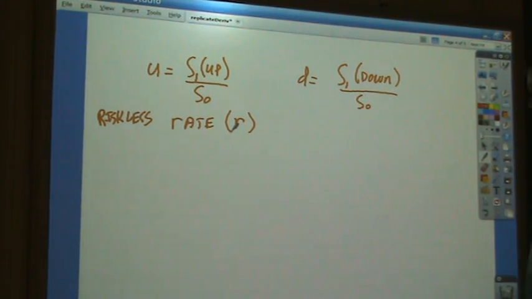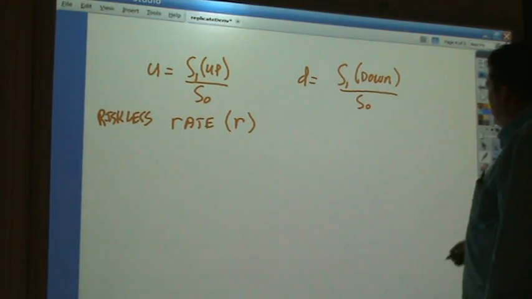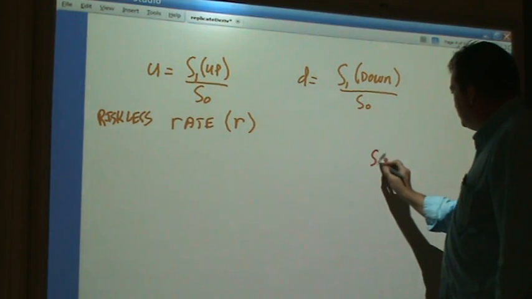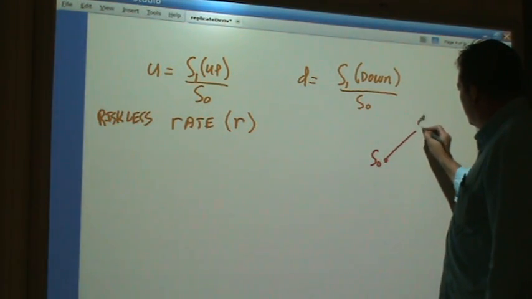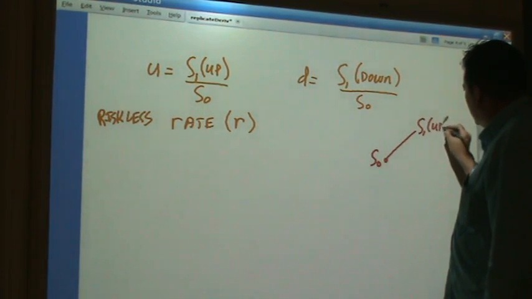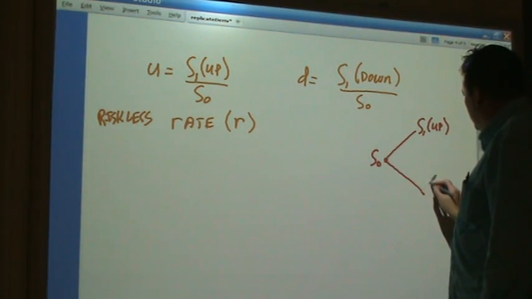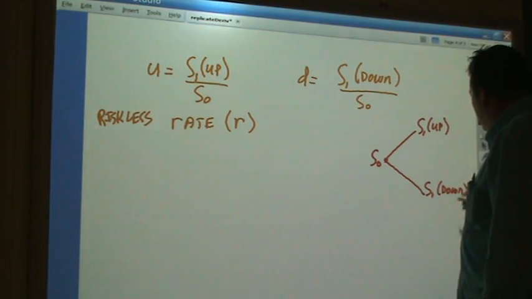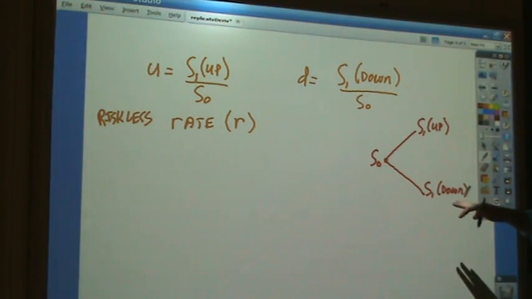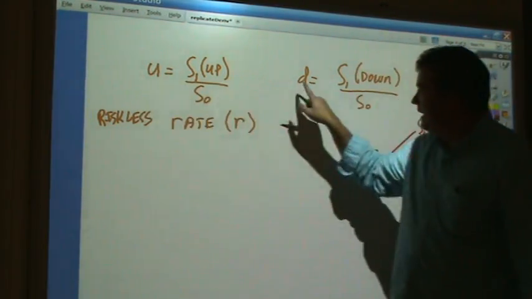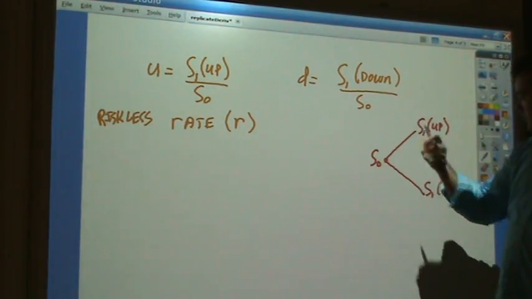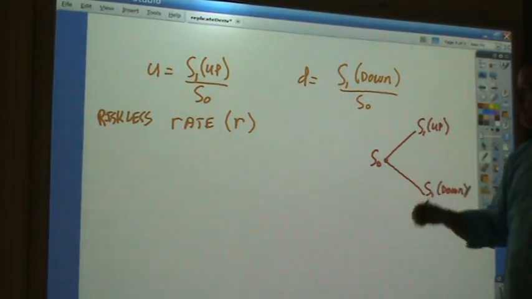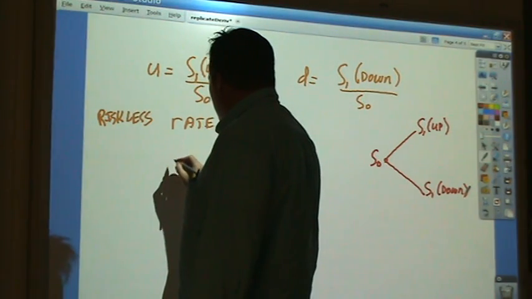Suppose we had an investment S0, and it could go to S1 in an up market or S1 in a down market. What if U and D were both larger than the interest rate? What if this was the case?